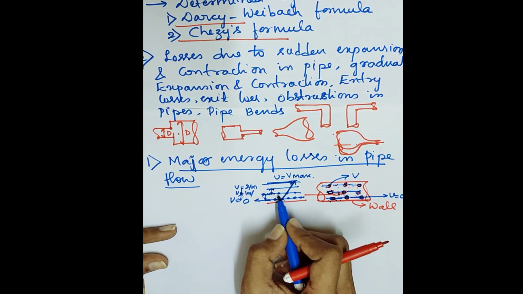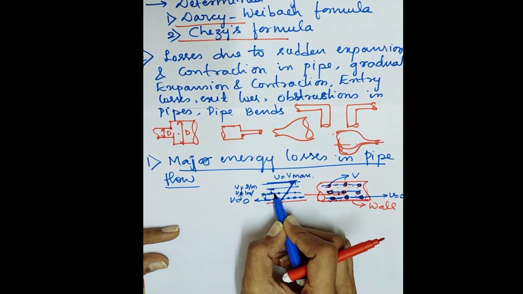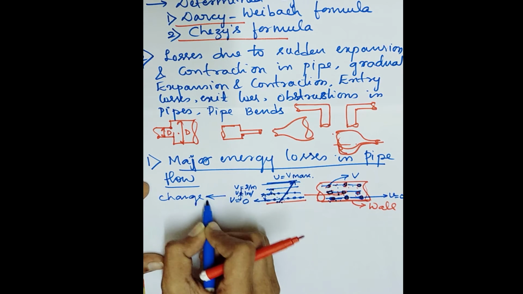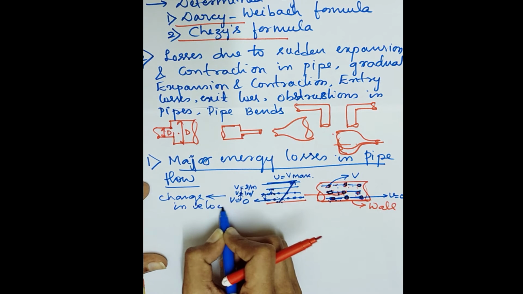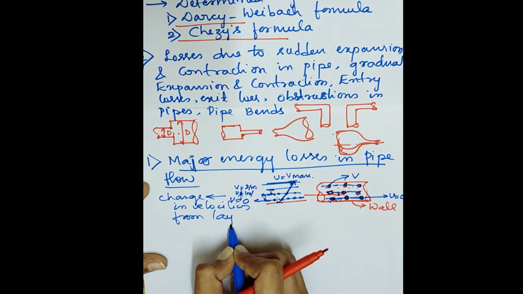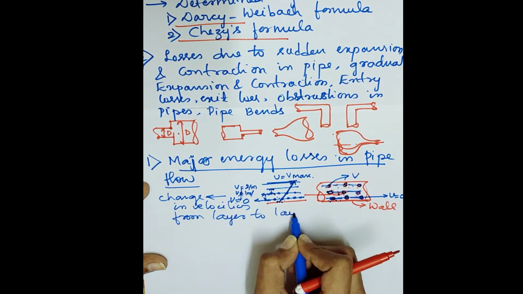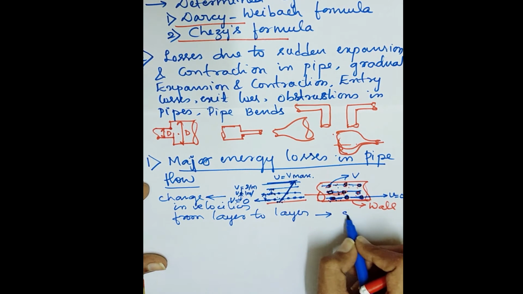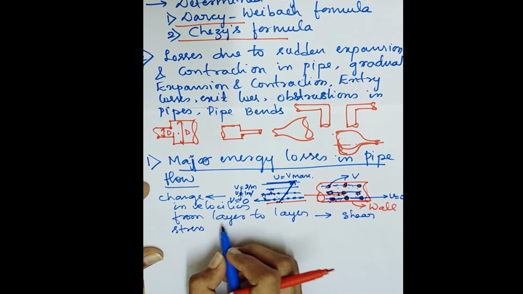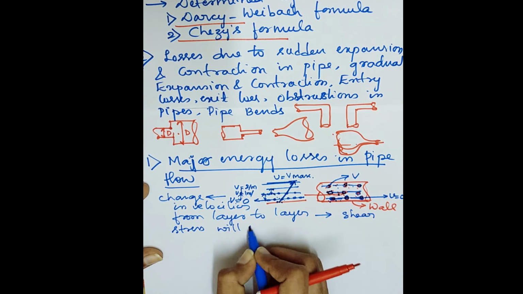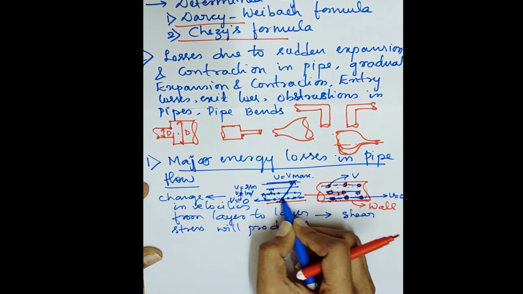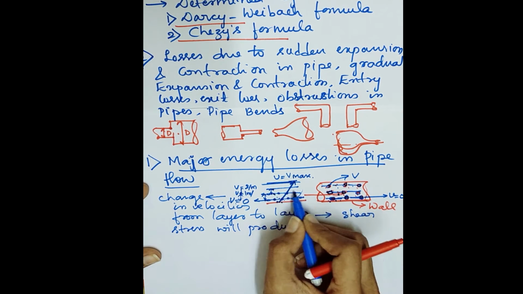Due to the change in velocities from layer to layer, what happens? Shear stresses will be produced. Shear stress is going to develop within this liquid.